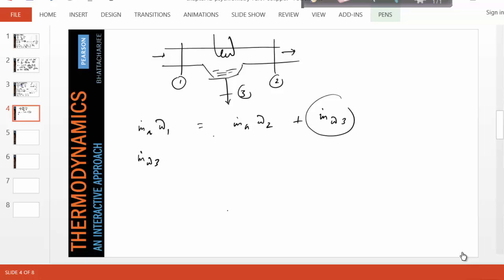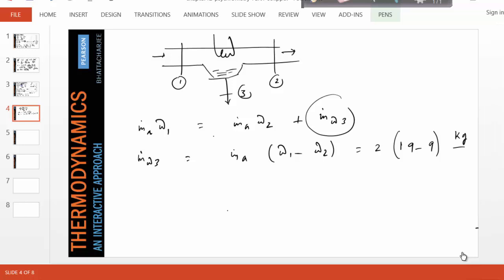M dot of water at state 3 is given by m dot of air, omega 1 minus omega 2. And if we substitute the values, 2 kg of air every second, and omega 1 is about 19, and omega 2 is 9, so many kg per second.